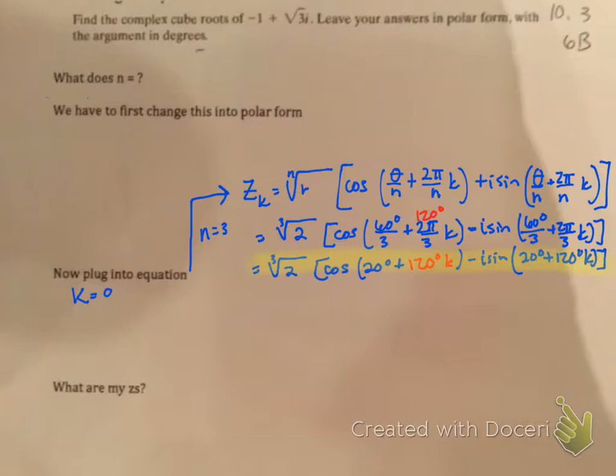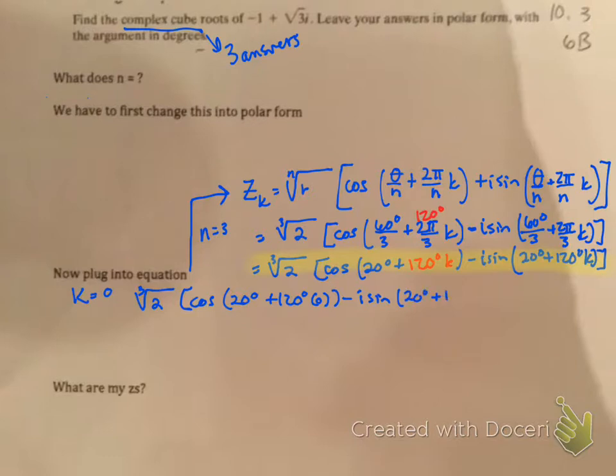So let's let k equal 0. And by the way, if there's a cube root, I should have 3 answers. Okay, so let's plug in k equals 0. If I plug in k equals 0, I get the cube root of 2 cosine of 20 degrees plus 120 times 0 minus i sine of 20 degrees plus 120 degrees times 0.